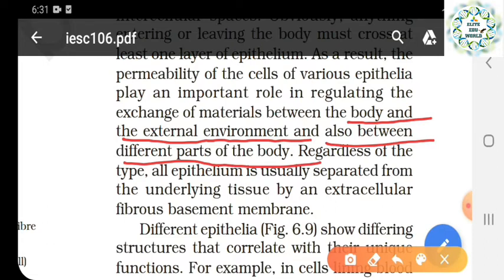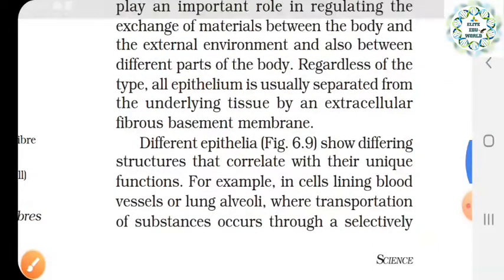It provides protection from material entering our body from the external environment. It also provides security in the transport between different parts of the body, because when different organs share some material, it goes through this kind of tissue.